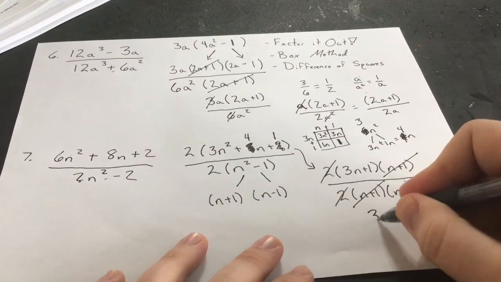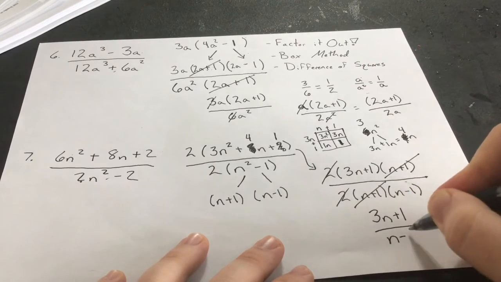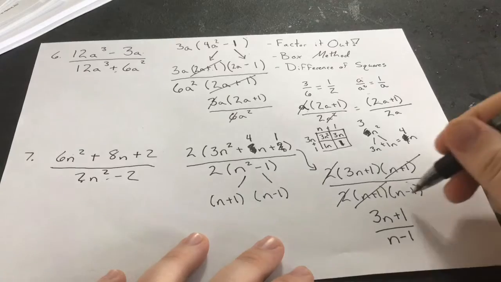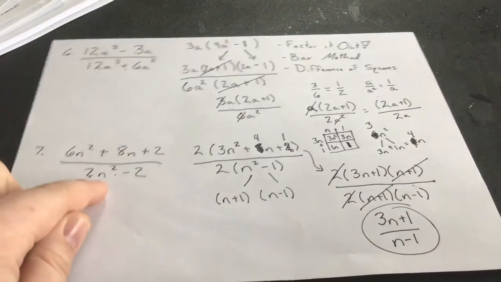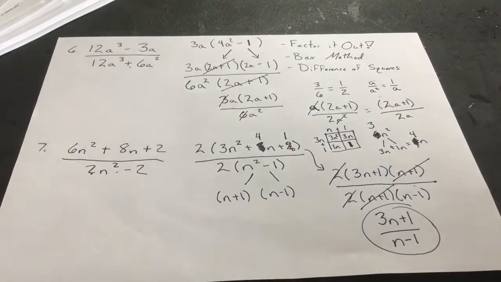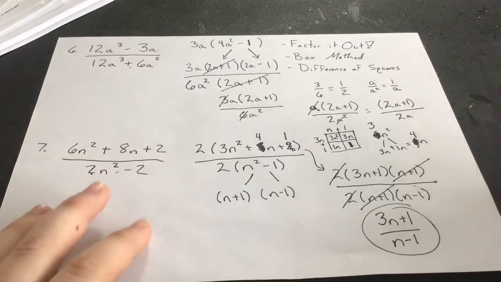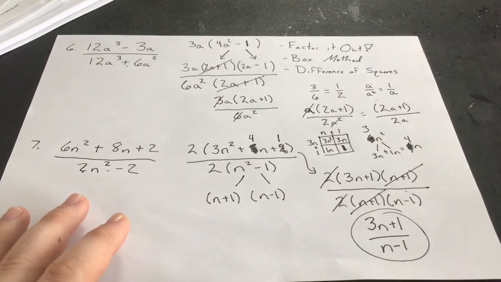This will leave us with merely 3n plus 1 over n minus 1 as our fully simplified expression for this original expression. So again, kind of removing all of the fanciness to it, removing all the nonsense, and getting down to just what it has to be.